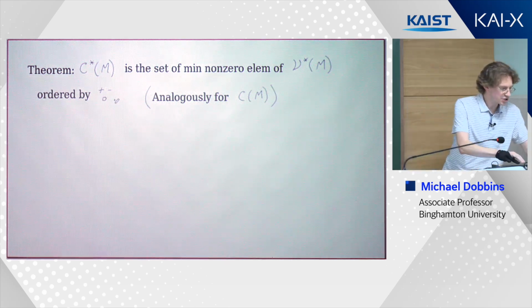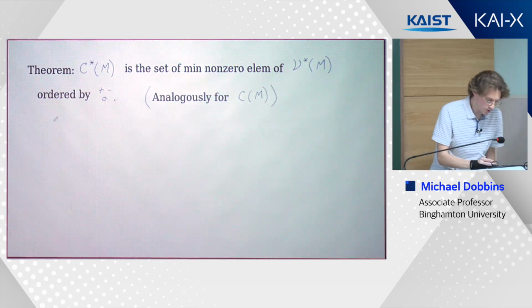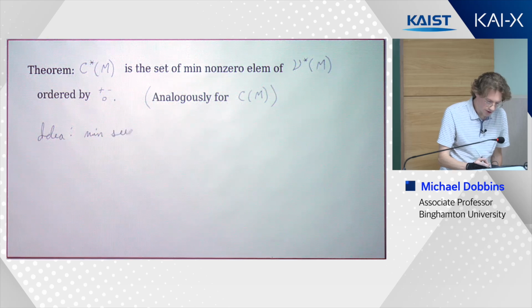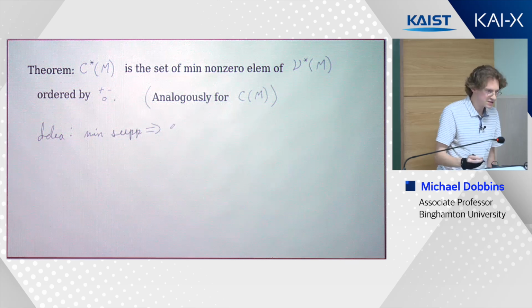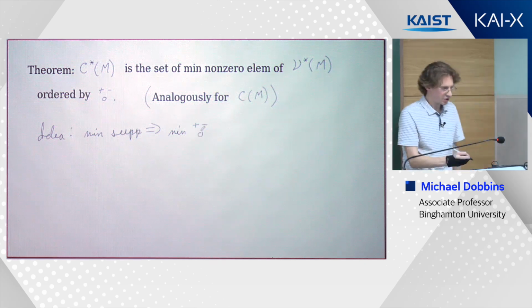So one direction of this is quite obvious, but the other direction is not so obvious. If you have minimal support, then this means that you're minimal with respect to this order.